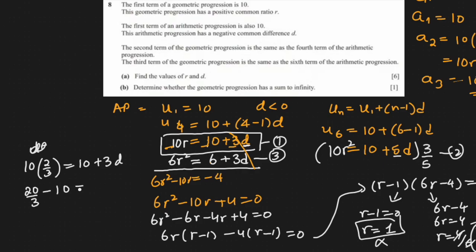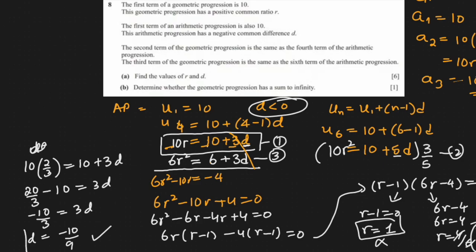minus 10 equal to 3d, which comes out to be how much? 20 minus 30 over 3, minus 10 over 3 equal to 3d. D will be, cross multiply, minus 10 over 9. And they said negative, right? They said negative, it is negative.